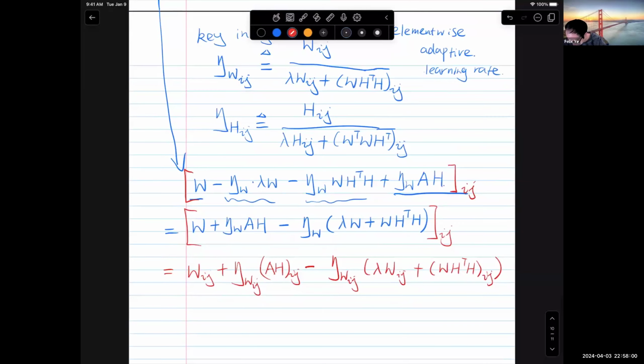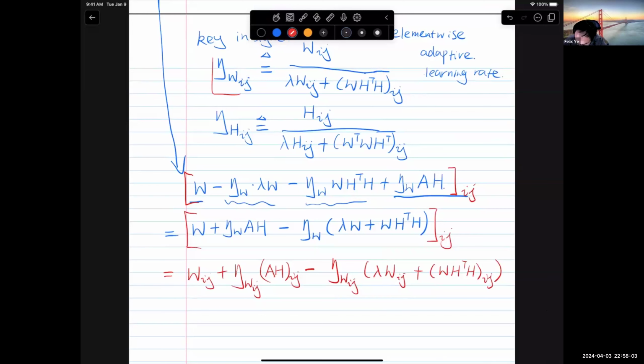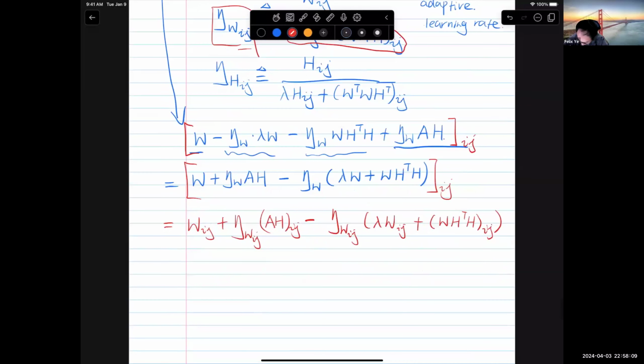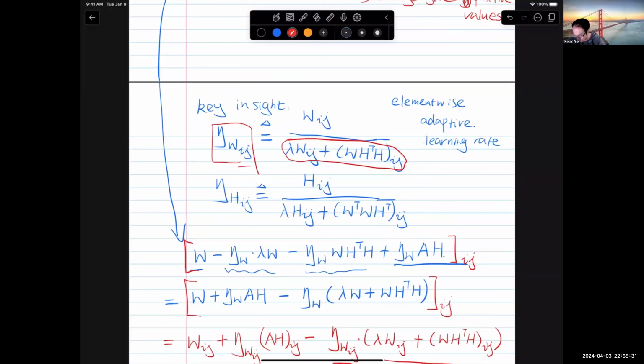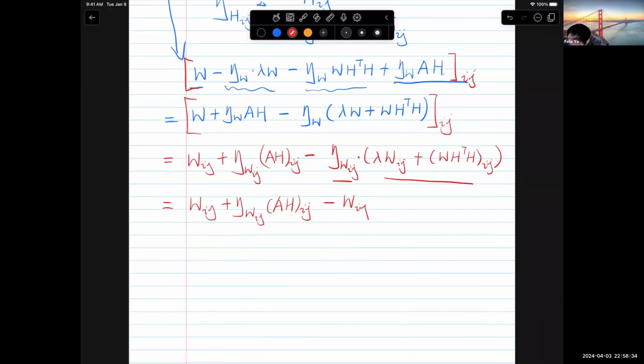If we do this, we will find that this multiplied by the denominator right here gives me W_ij. Because if we just happen to choose this adaptive learning rate, this becomes W_ij, and this becomes eta W_ij times A times H_ij.